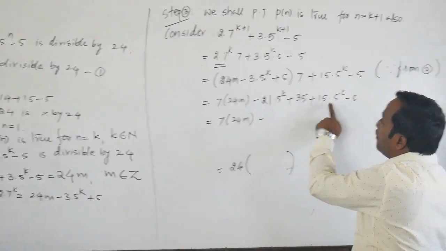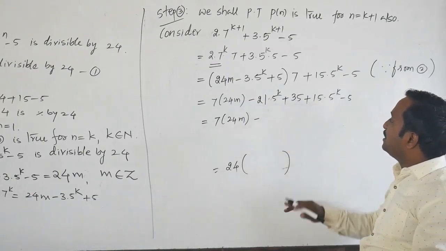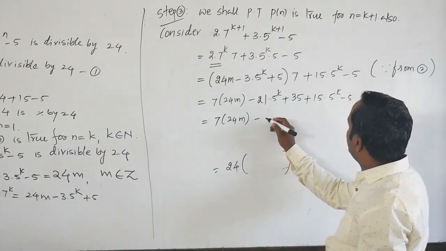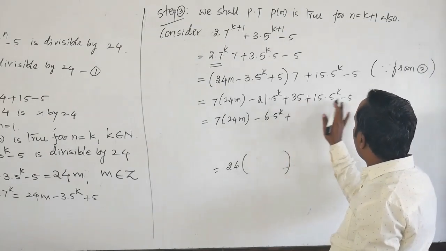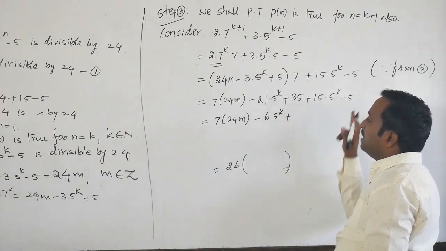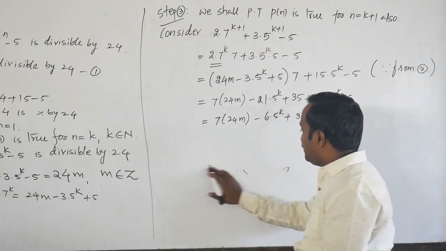So 21 minus 21 plus 15, 21 ಅಲ್ಲಿ 15 ತೆಗೆದ್ರೆ ಎಷ್ಟಾಯಿತು, 6. 5 raised to k plus 35 minus 35 minus 1. So 30.